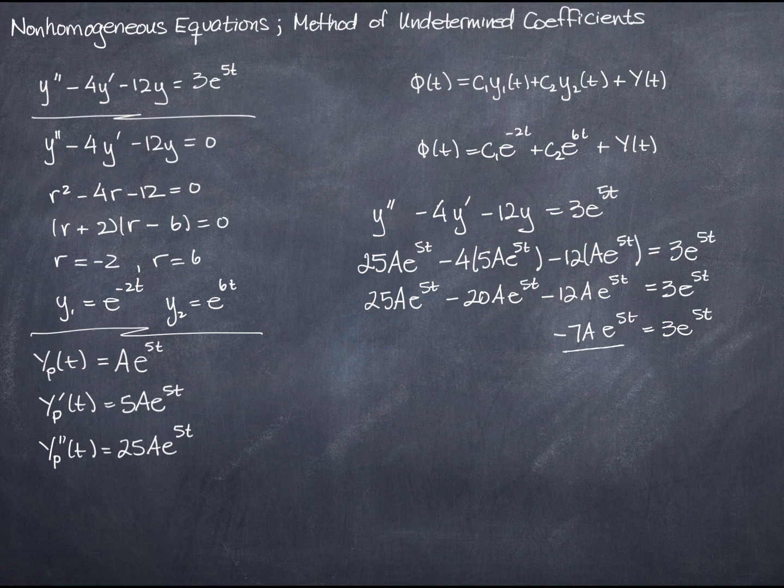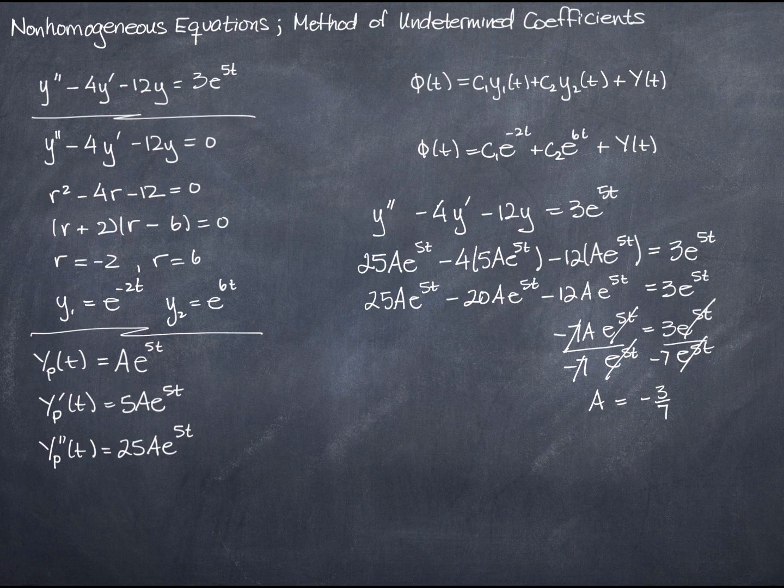Now I can divide both sides by e to the 5t and divide both sides by -7. And I'm left with a equals -3/7. So now I know what my particular solution is going to need to be.